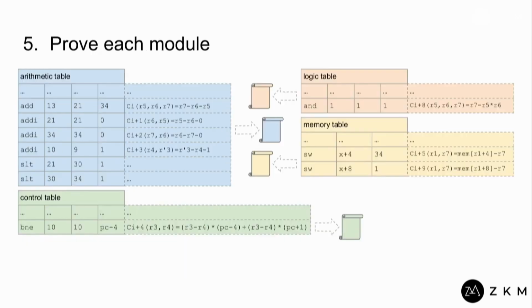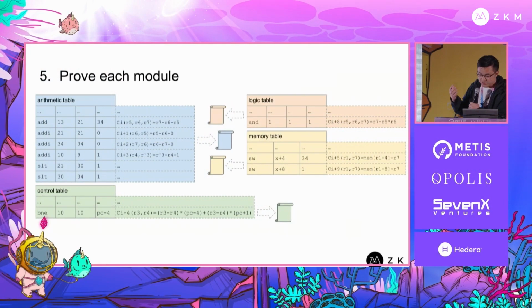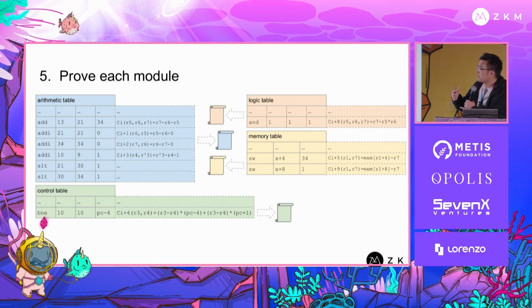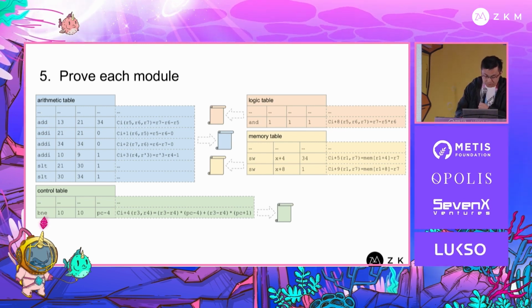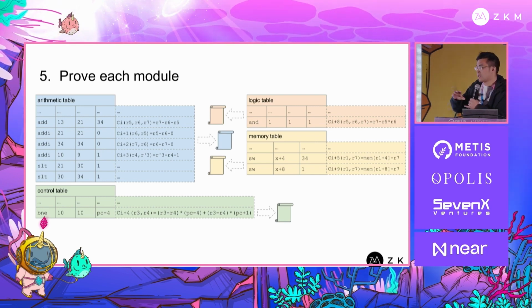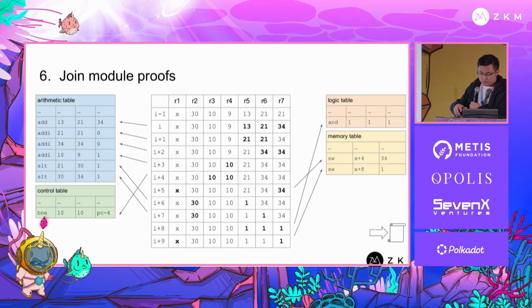After we get the modules and the trace table, we begin to prove each module. For the proving, we just use a STARK. That means we commit the trace, and then we get different STARK proofs.